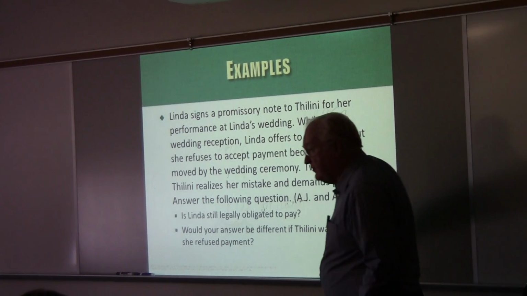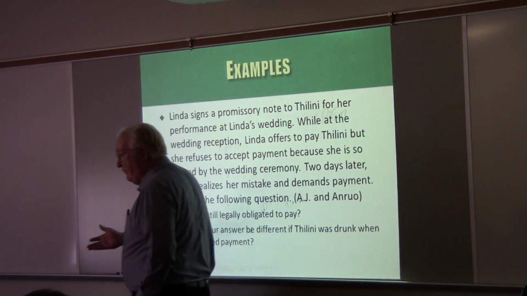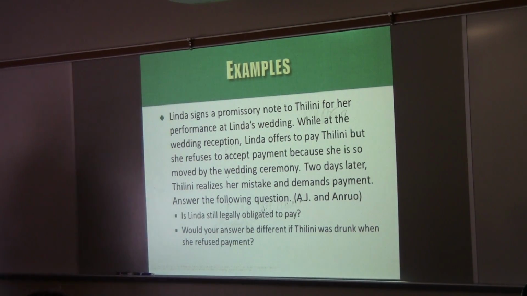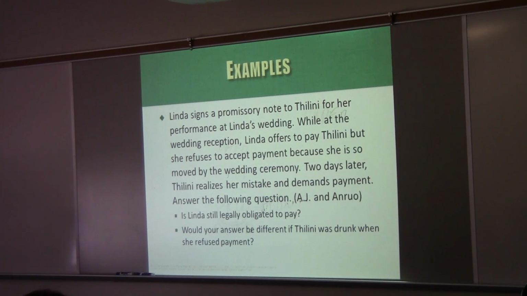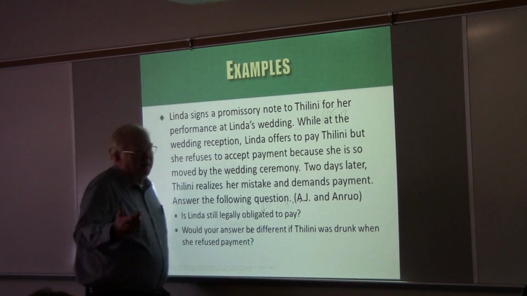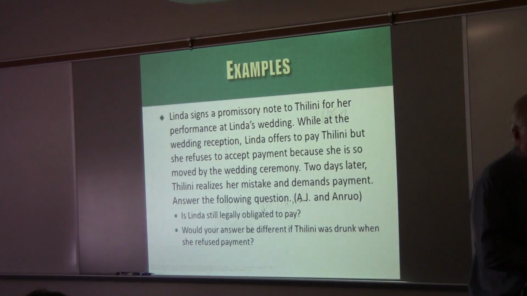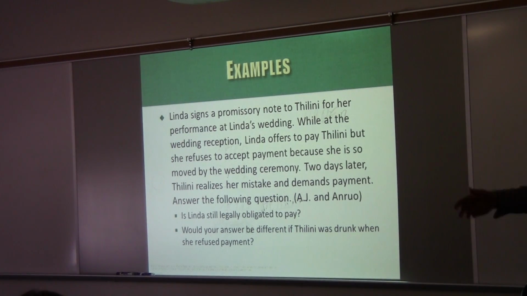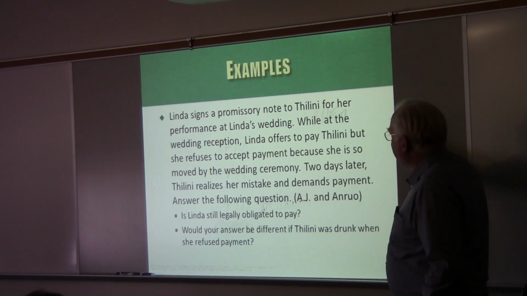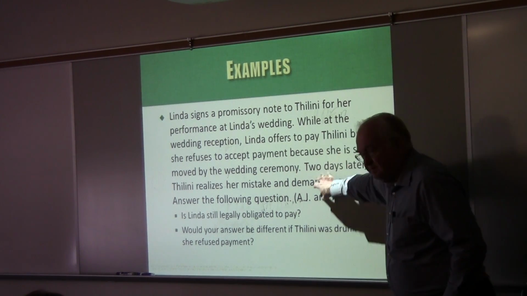So now, Kelsey, this is not an evidentiary question. That is, A, did Linda actually tender payment? And B, did Tellini realize what was happening? But Katie, fortunately, or maybe unfortunately, in the CPA exam, it's all black letter law. So that means in a CPA exam, it would be take the facts as they are. I think one of the things that people do sometimes is they read in facts that are not here.